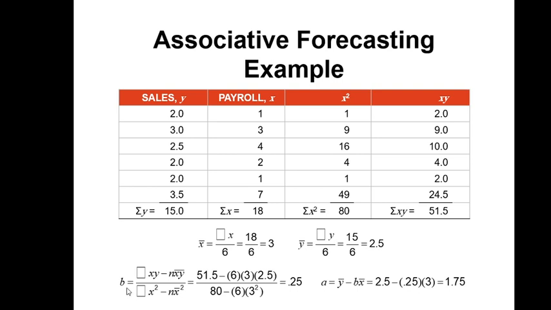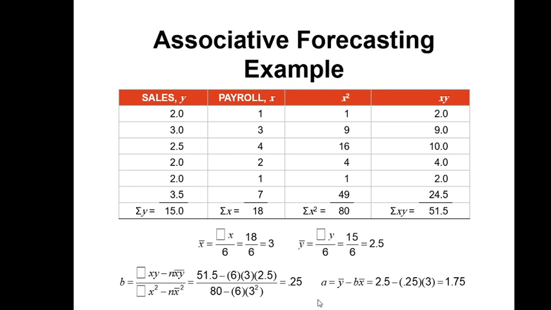Now we can solve for the value of B using the same formula: the sum of xy minus n multiplied by X bar multiplied by Y bar, divided by the summation of X square minus n multiplied by X bar square. The same formula. We will have the value of B as 0.25. We can now calculate A, which is 1.75.